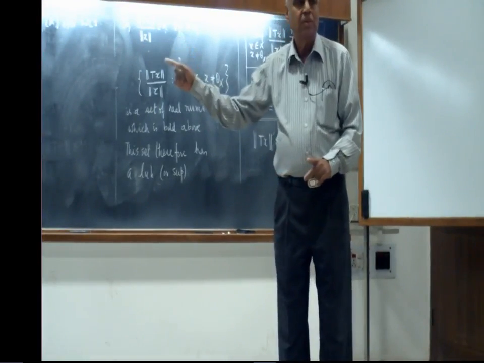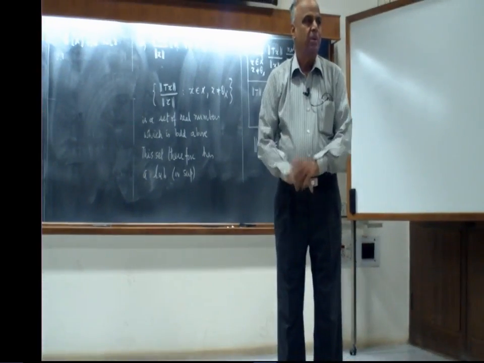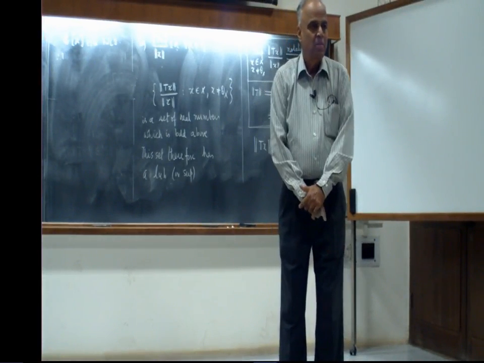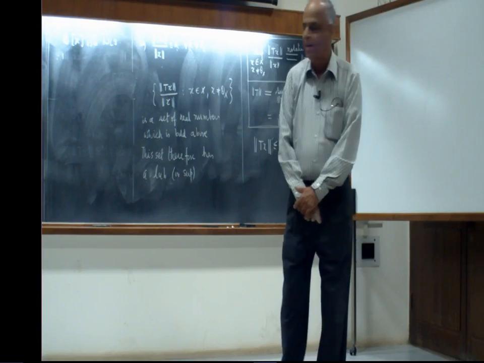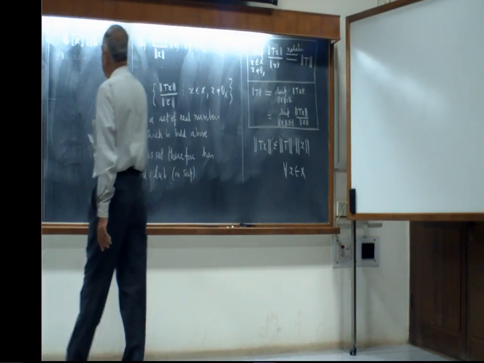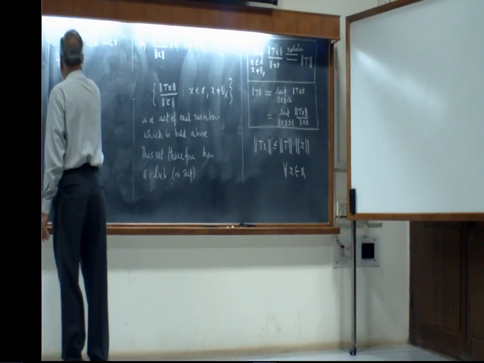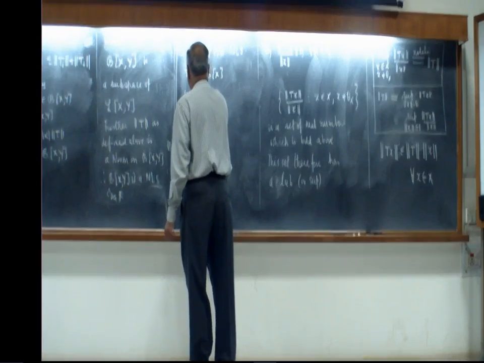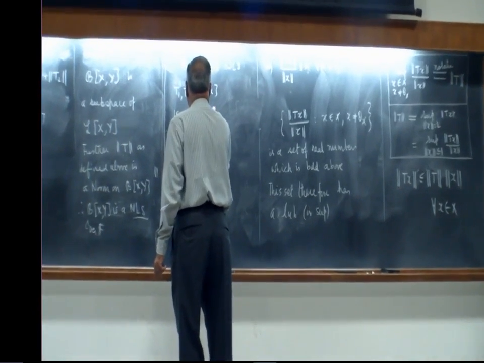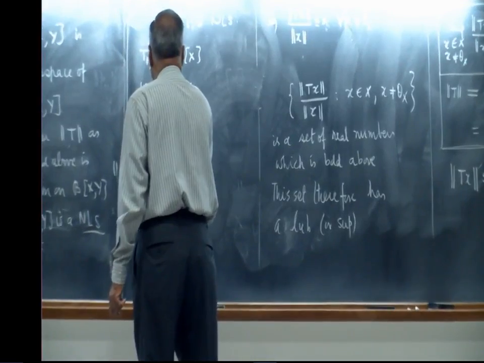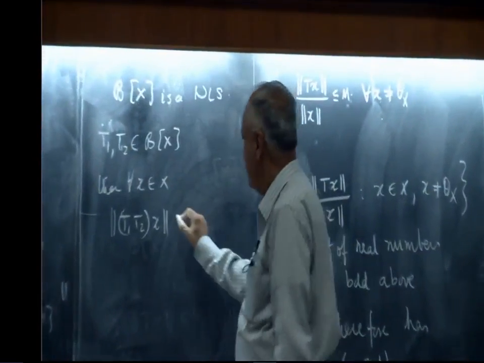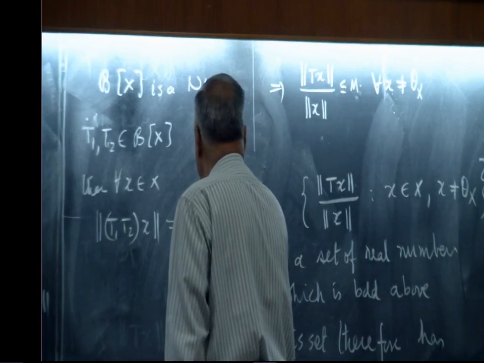When I have Bx, I can take the product of two linear operators, that is also a linear operator, and it turns out very easy to verify that the product of two bounded linear operators is also a bounded linear operator. Okay. Bx is a normed linear space, and if T1, T2 belong to Bx, then for every x in X, norm of T1T2x is equal to norm, what is the definition?